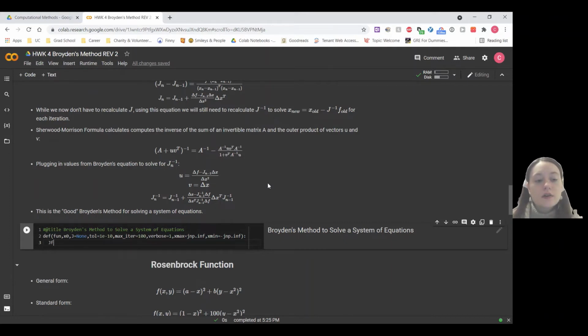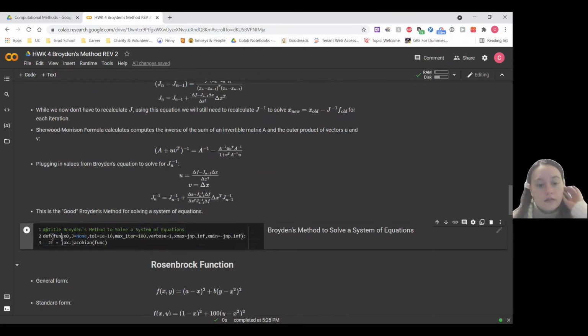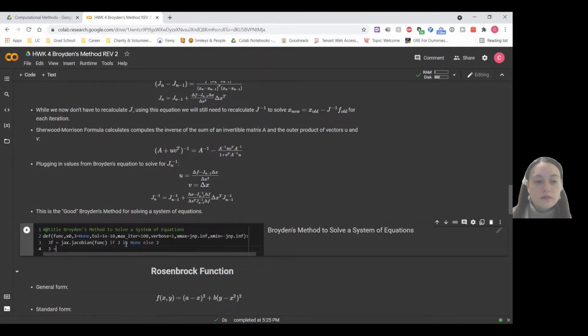So the Jacobian of our function will be equal to jax Jacobian of our function. That's in the case of j is None, so that'll be the first time. Otherwise, we just keep it as j.